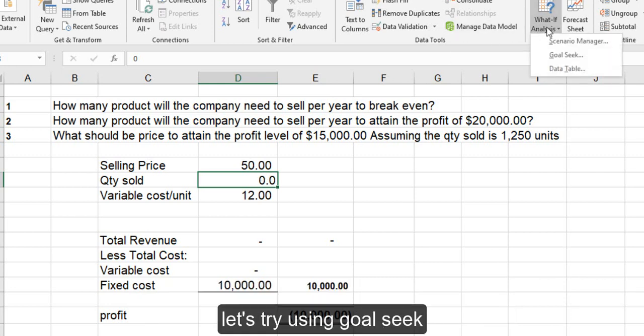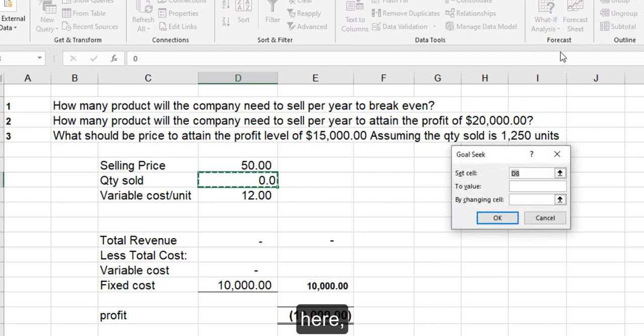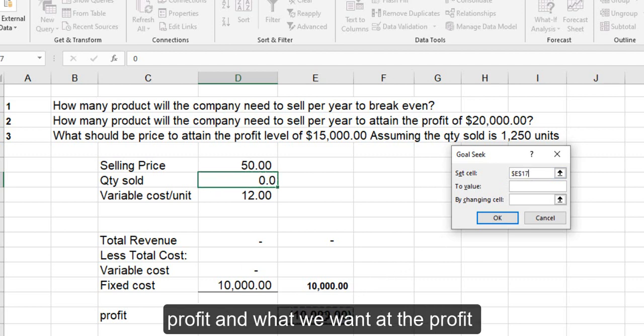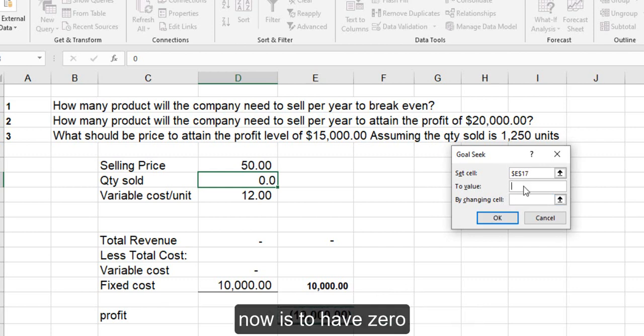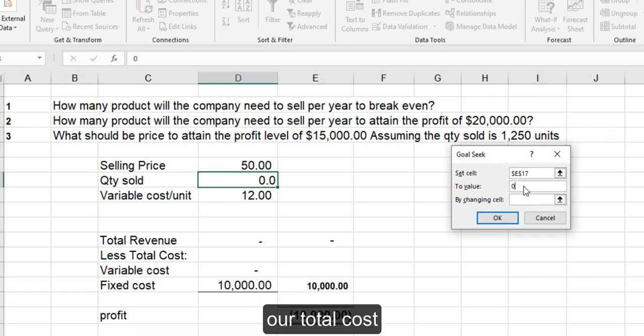Let's try using Goalseek. So here, the set value here is the profit. And what we want at the profit now is to have 0. We want to know the point at which our total revenue will equal our total cost.